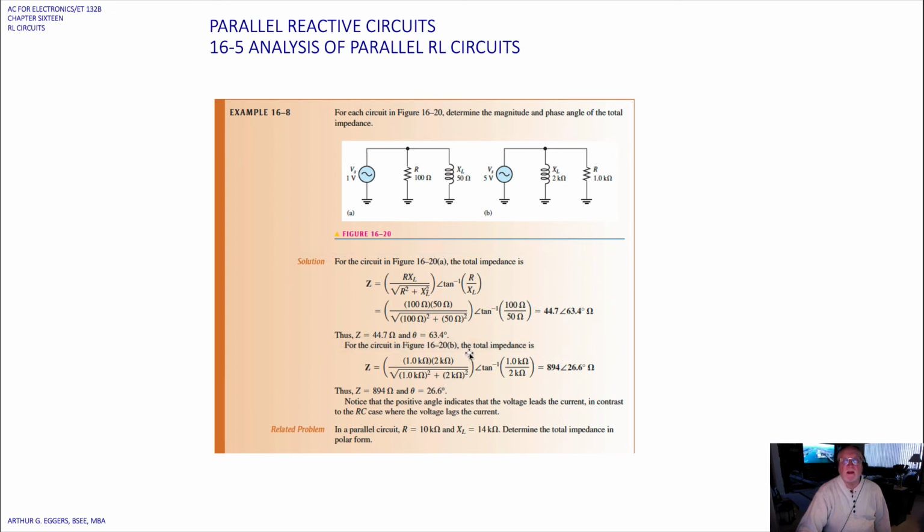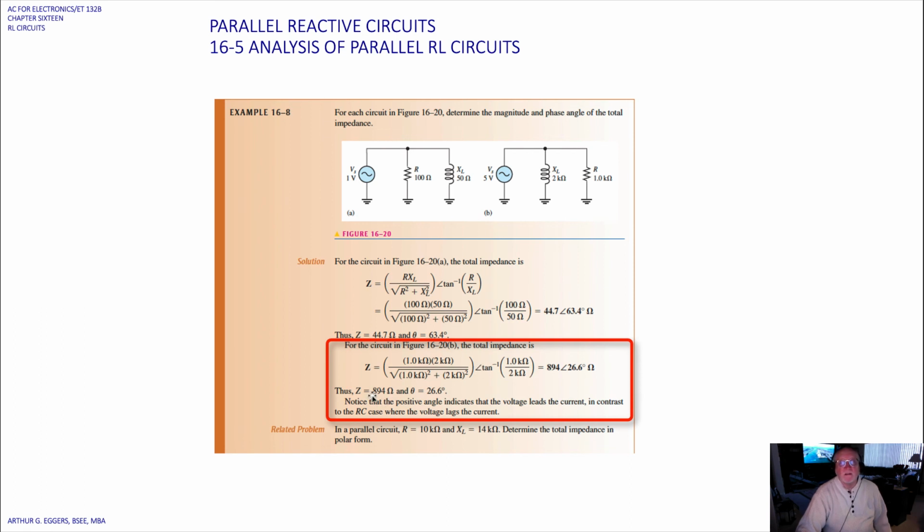For B, now we've got both values given as reactive. So we've got our product over the sum, the sum being the vector sum, at an angle of inverse tangent 1k over 2k. The k's cancel out, so we've got a value of 894 at an angle of 26.6 ohms.